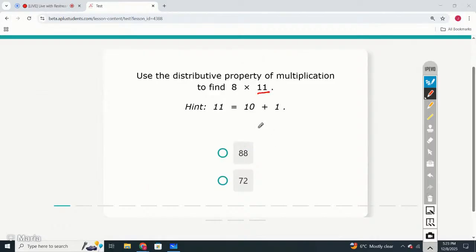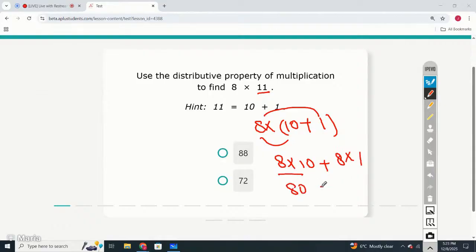We need to write 11 as 10 plus 1, and now we need to apply the distributive property. We have to do 8 times 10, and plus 8 times 1. So 8 times 10 is 80, and 8 times 1 is 8. So 80 plus 8 is 88. The answer is 88. Option number 1 is the correct option. That is 88.